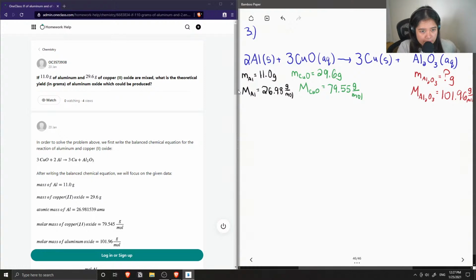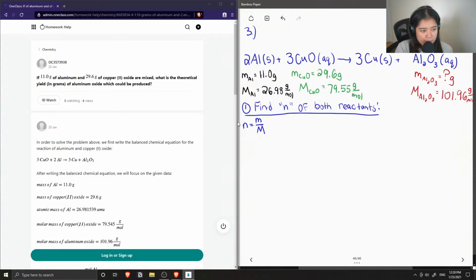Okay, so I wrote out everything that was given. Now I can try to start answering the question. So step 1 is to find the number of moles of both of our reactants. So the equation for number of moles is equal to mass over molar mass.